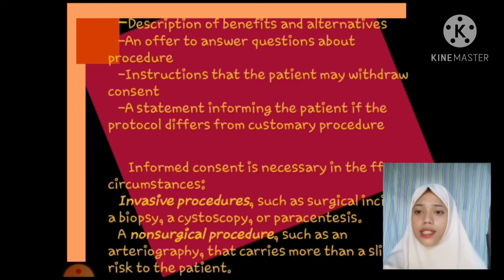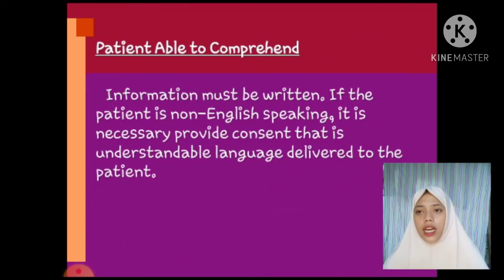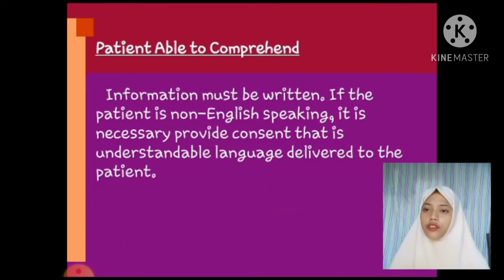Next, is the patient able to comprehend? Information must be written. If the patient is not English speaking, it is necessary to provide consent in an understandable language delivered to the patient. So if you are going to interview the patient and the patient cannot understand English, you need to adjust.